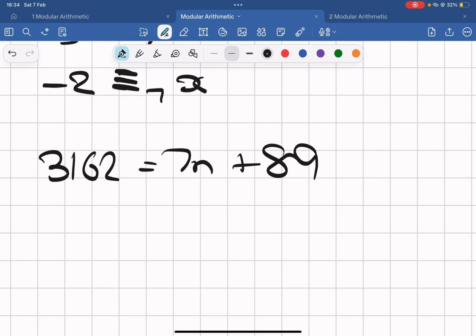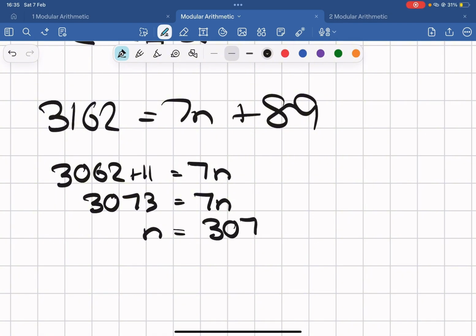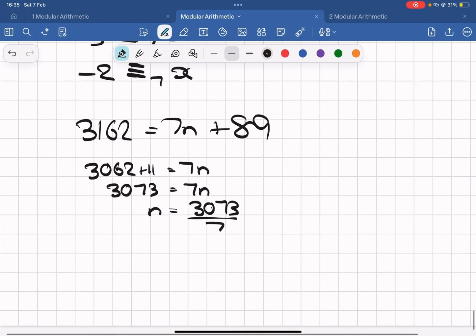So 3,162 minus 100 is 3,062, and plus 11 equals 3,073. So 3,073 equals 7n. n equals 3,073 divided by 7, which is just, let's just use division, long division, short division, whatever.